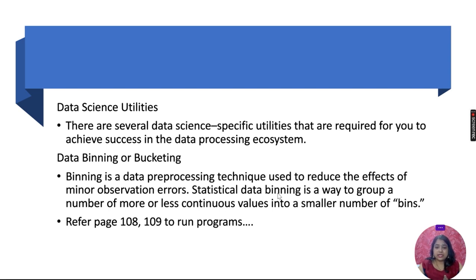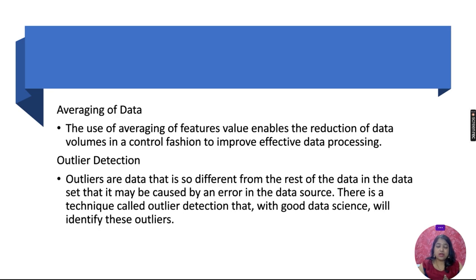Statistical data binning is a way to group a number of more or less continuous values into a small number of bins, and these bins or buckets can be used for averaging the set of data. Now, averaging of data, the use of averaging of feature values enables the reduction of data volumes in a controlled fashion to improve effective data processing.